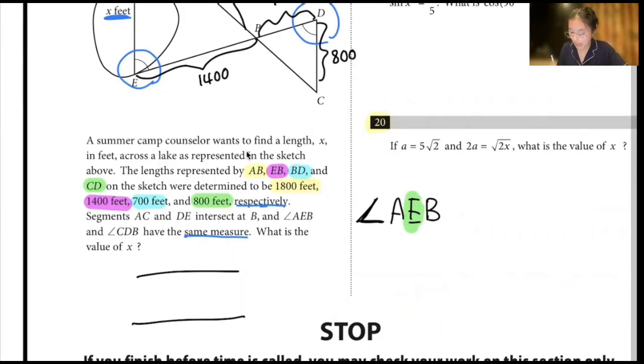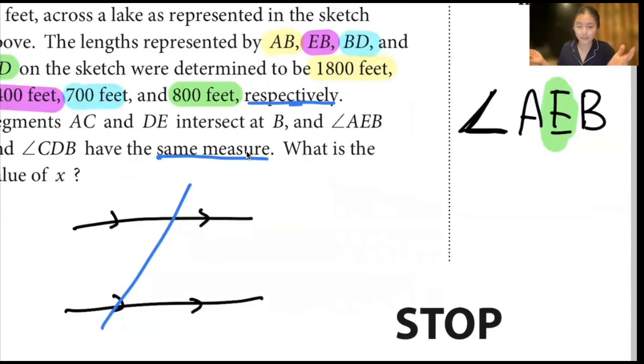If these two lines are parallel, so they never cross each other, ever, and you put a line across, there is a rule. I'd like to call it the Zed rule. These angles are always going to be the same.